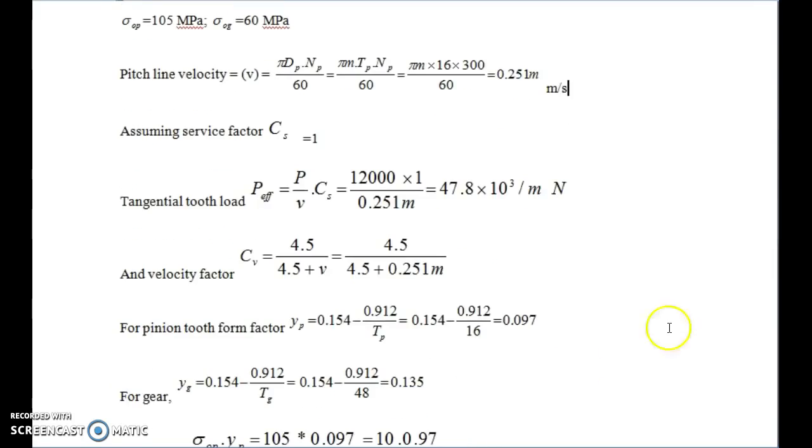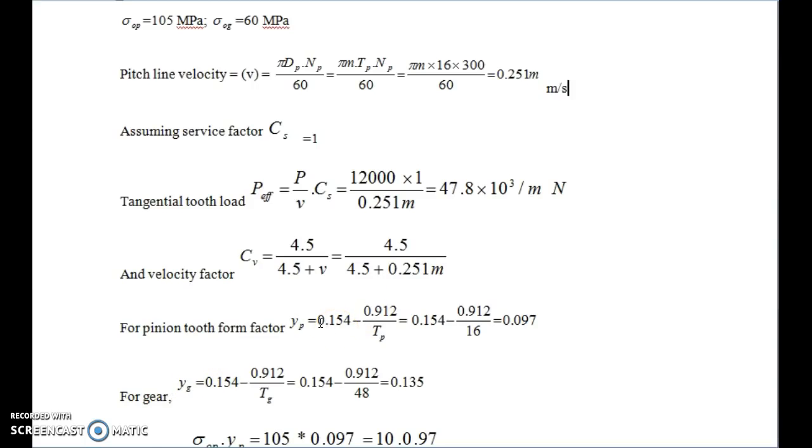Okay, and the velocity factor given as Cv equal to 4.5 upon 4.5 plus V, as it is given in the problem, so we can write 4.5 upon 4.5 plus pitch line velocity 0.251 m. Next, we have to calculate the tooth form factor y for the pinion and for the gear: for the pinion yp, for the gear yg.